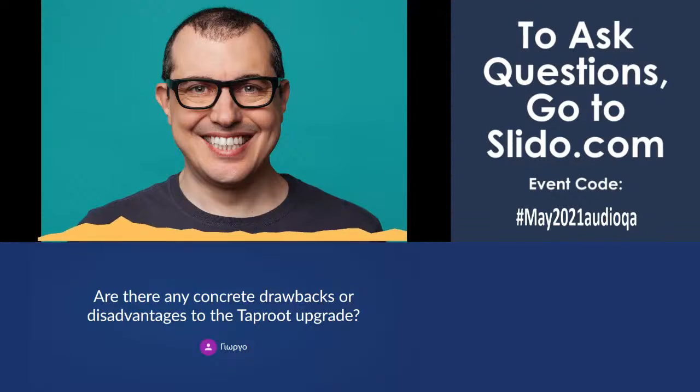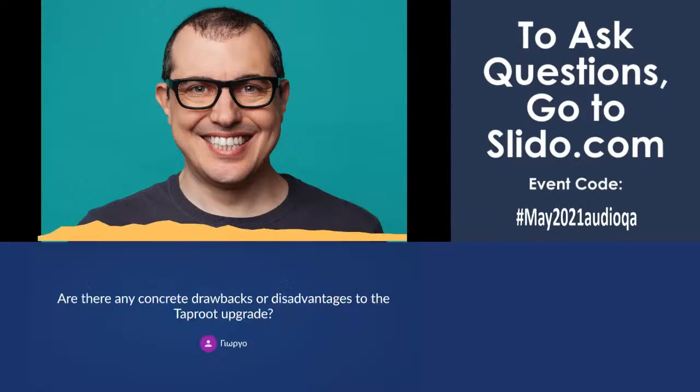The Taproot upgrade does have some potential drawbacks, yes. There's two that I can think of. One is that Schnorr signatures may potentially be less quantum resistant than ECDSA. But we don't know that yet, and it's really hard to evaluate that.